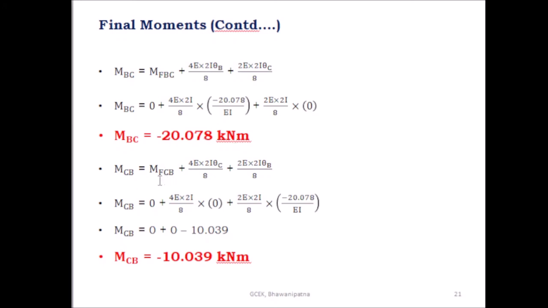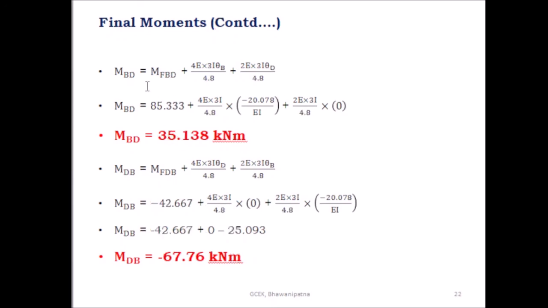Then MCB is equal to MFCB plus 4E into 2I theta C by 8 plus 2E into 2I theta B by 8. MFCB is equal to 0, then 4E into 2I by 8 into 0 plus 2E into 2I by 8 times the theta B value. Then after putting this, MCB is equal to minus 10.039 kilonewton meter.